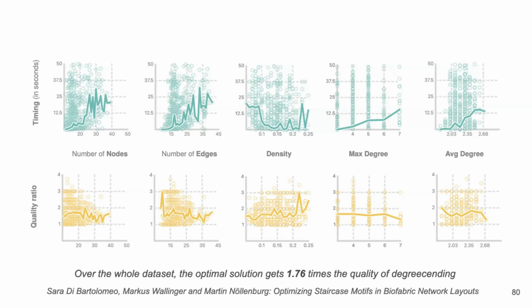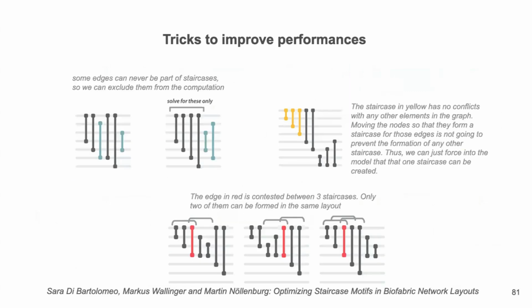Whenever dots are on the 1, it means that the heuristic solution, degree ascending, still found something that had the same quality value as the exact solution, the linear programming solution. But it's not guaranteed that that's the best one. It can happen.